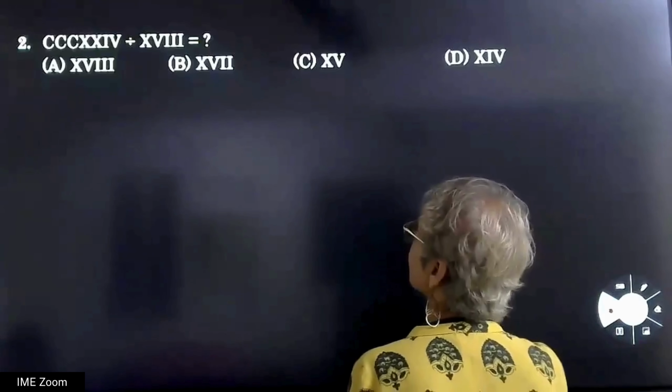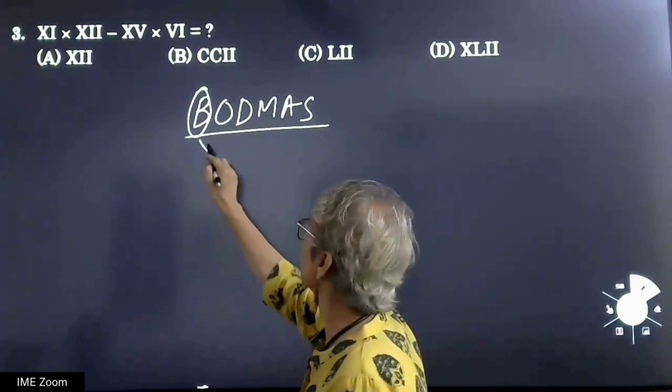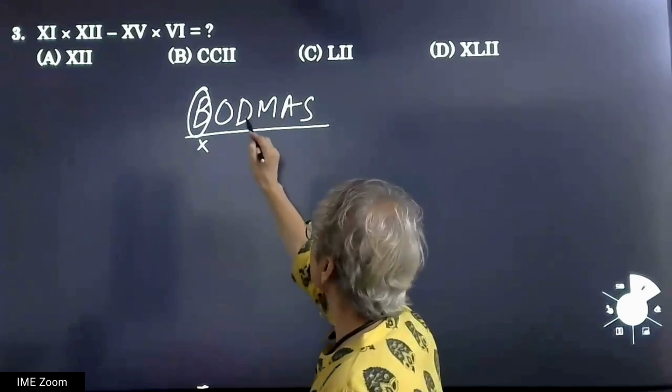So it means brackets, of, multiplication, division, addition, subtraction. First of all, we have to solve brackets. Here there is no bracket, so forget about this. Then division and multiplication should be done first. Now we have multiplication, so first we do multiplication and then addition and subtraction. Subtraction is to be done last.